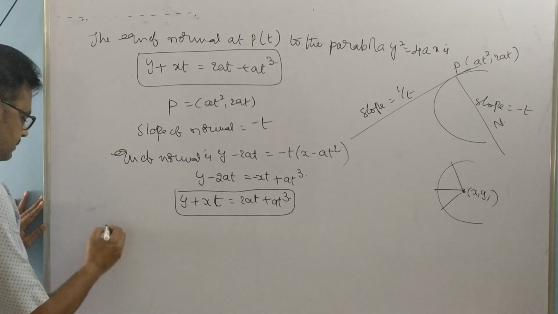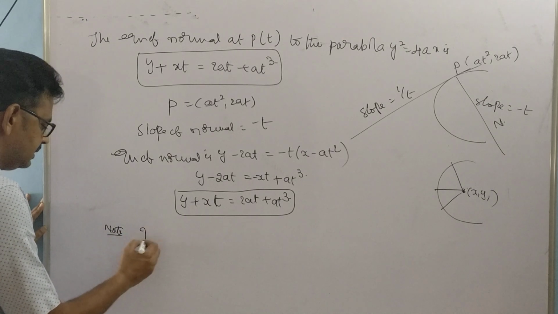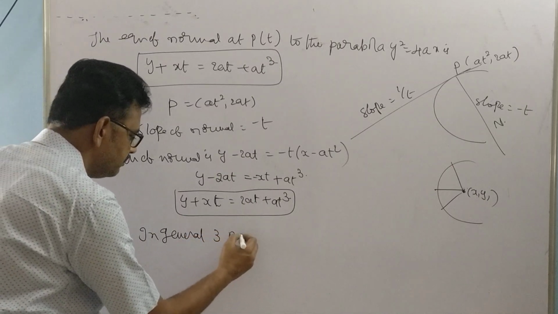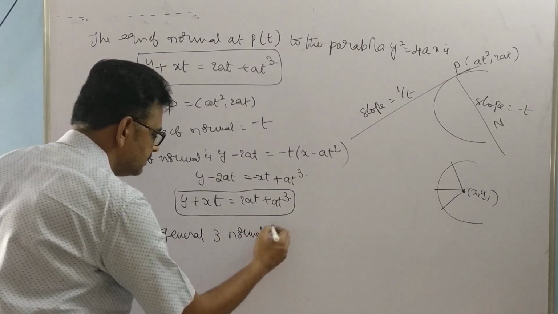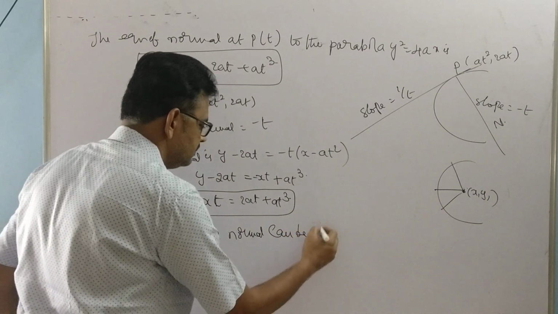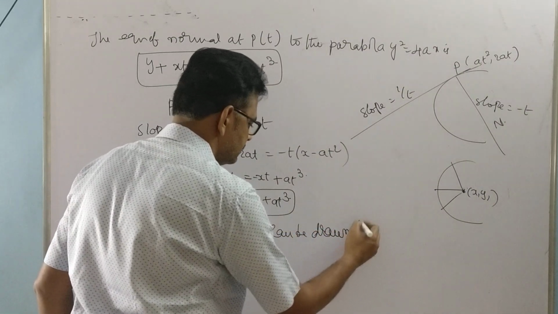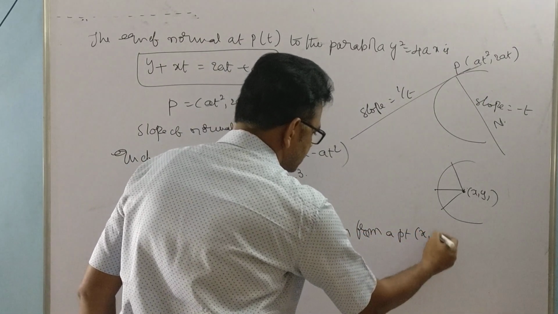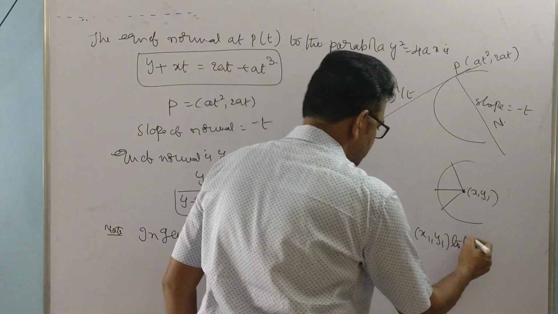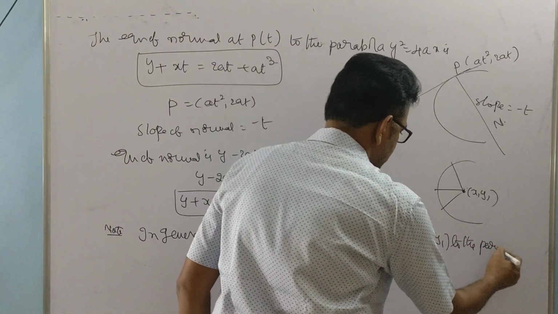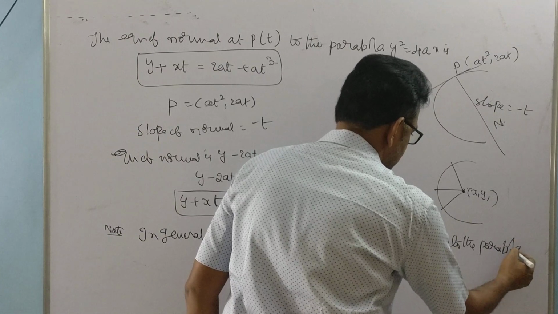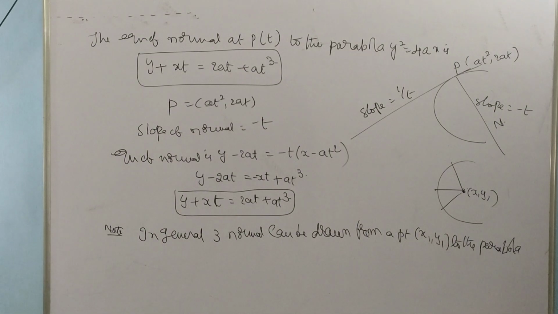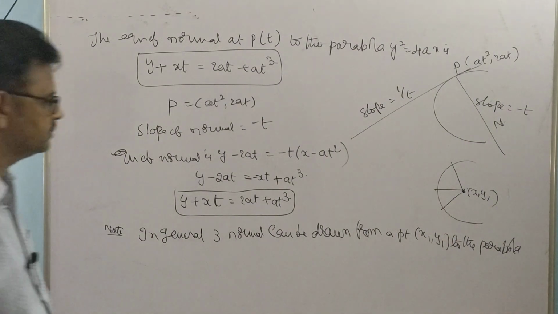Note, in general, three normals can be drawn from a point x1 comma y1 to the parabola y square is equal to 4ax.